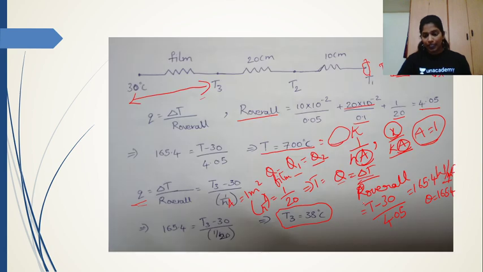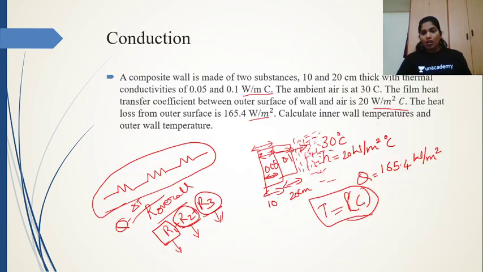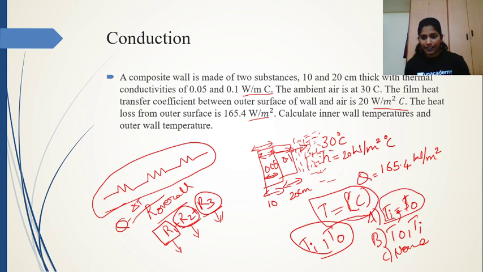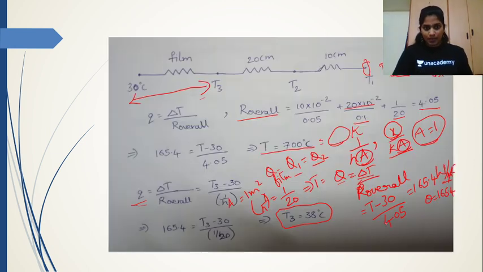And while calculating these temperatures, if they ask to calculate inner wall temperature and outer wall temperature, then in order you have to keep Ti and To. If there are options like To, Ti and none of these, you have to select the option Ti and To, not outer temperature and inside temperature.